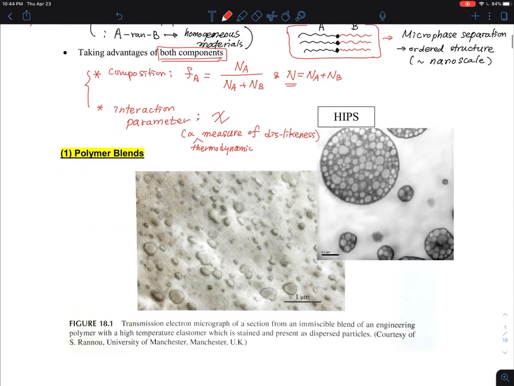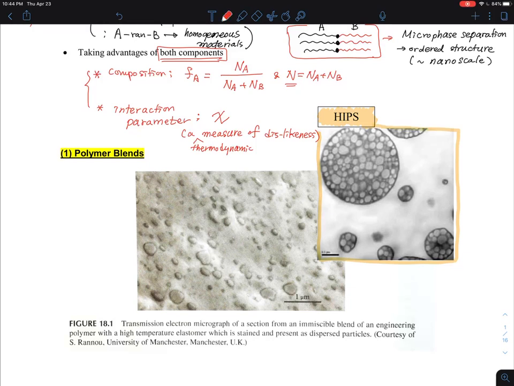So I want to continue a little bit here, and here's an example of what is called high impact polystyrene. Okay, HIPS is an example, and this is an SEM or transmission electron microscopy picture of high impact polystyrene.